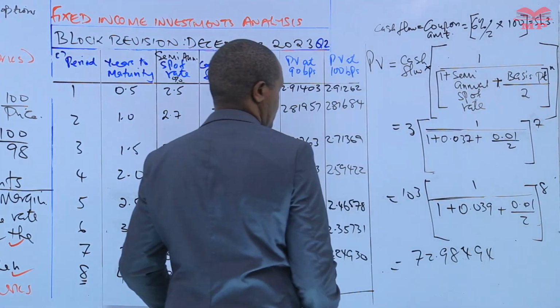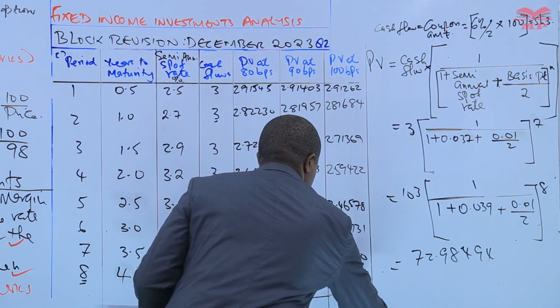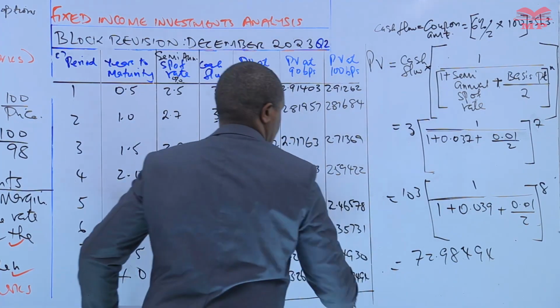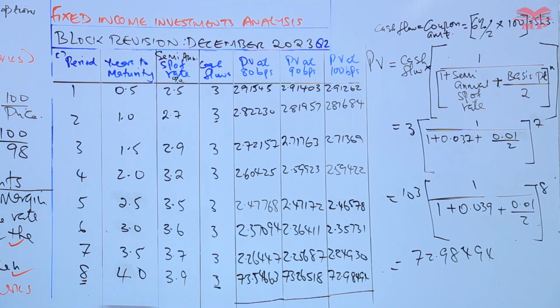The present value for the 8th period is 72.98494.